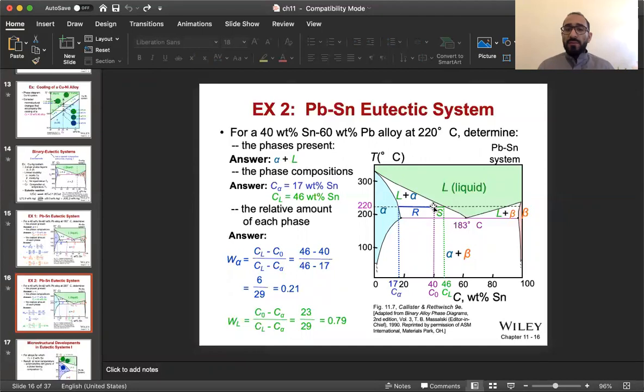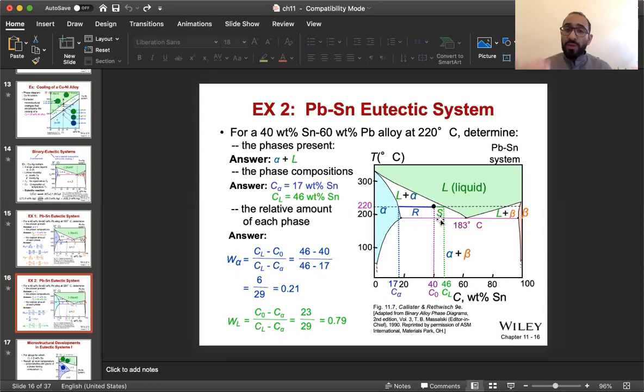So you have liquid plus alpha. And again, the question is, what is the composition of liquid? What is the composition of alpha? So you're going to construct this horizontal line over here, and then you're going to drop down to the x-axis. You're going to find that the alpha has 17 weight percent tin, and the liquid phase has around 46 weight percent tin. Okay, wonderful.